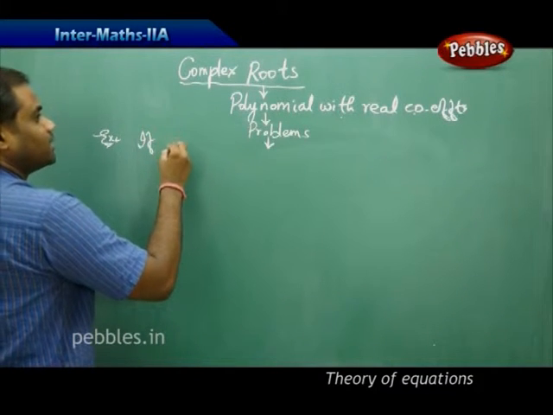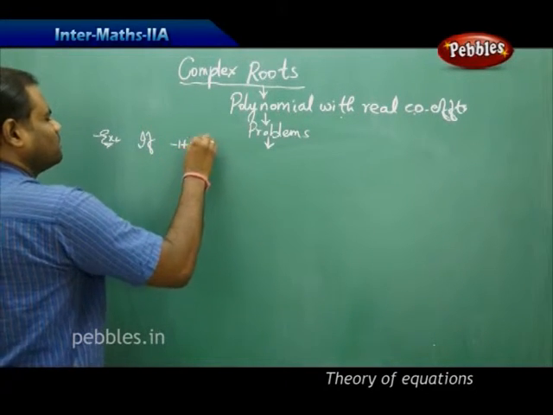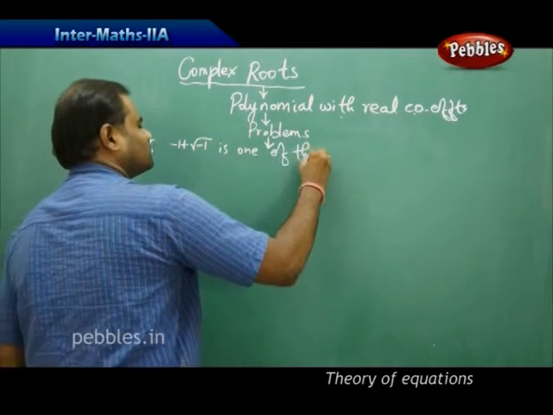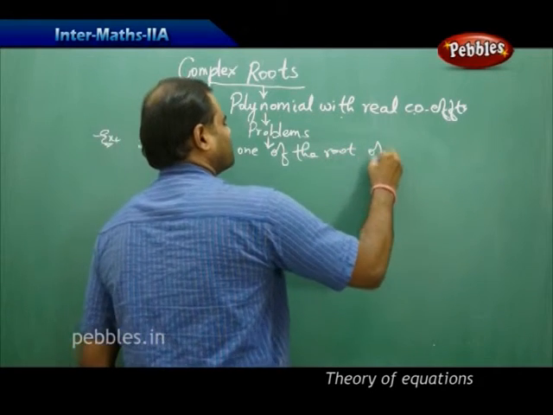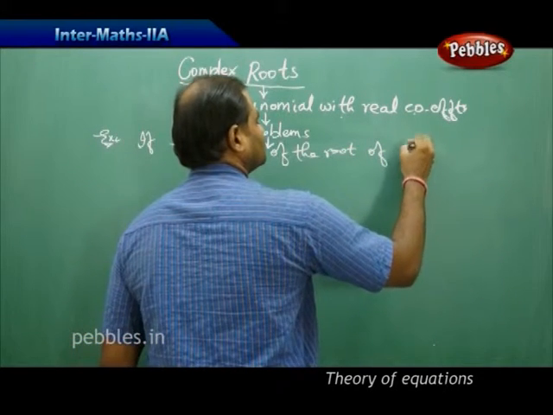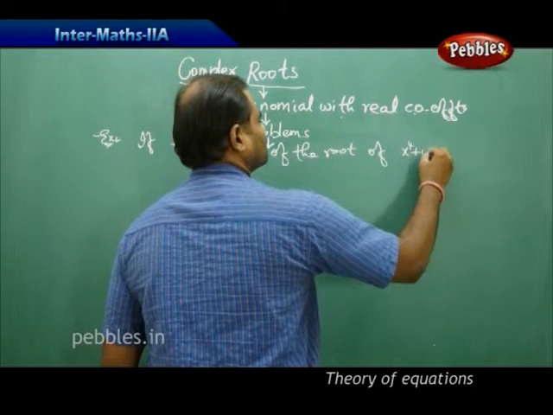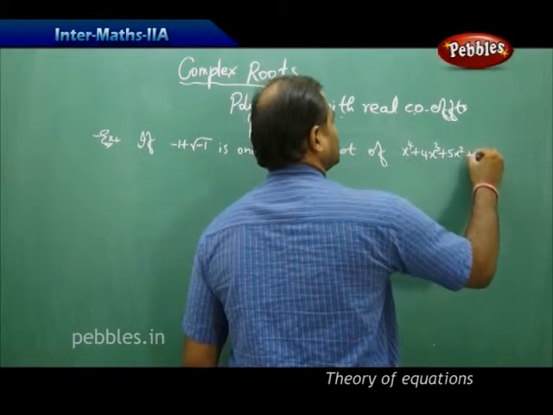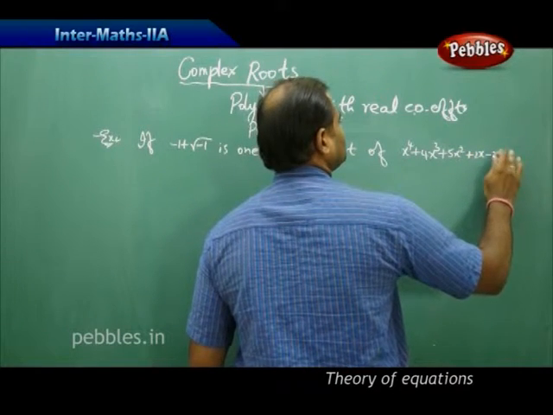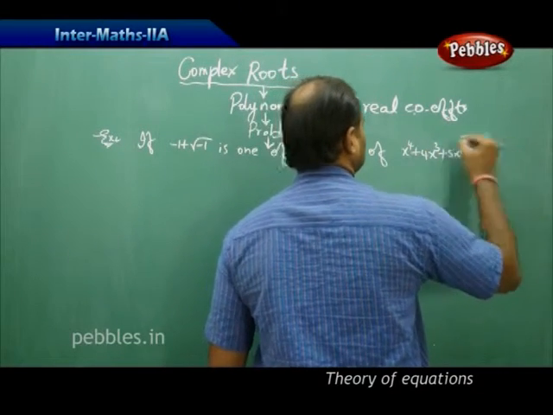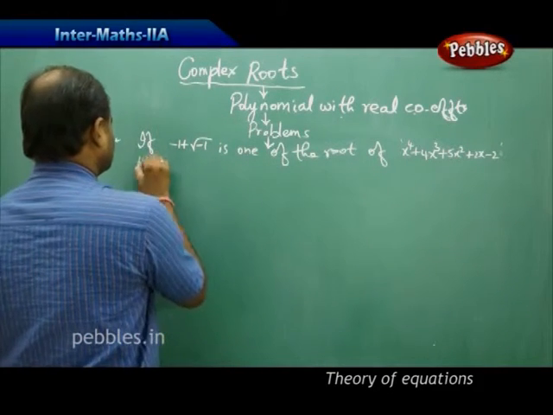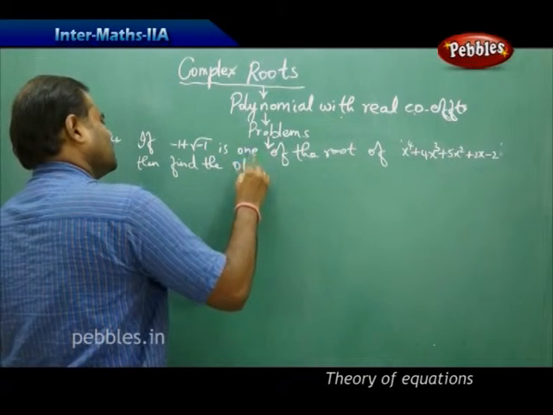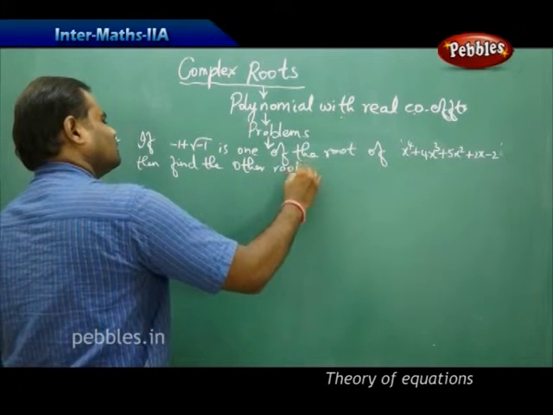The question says: if -1 plus root -1 is one of the roots of x power 4 plus 4x cubed plus 5x squared plus 2x minus 2, then find the other roots.